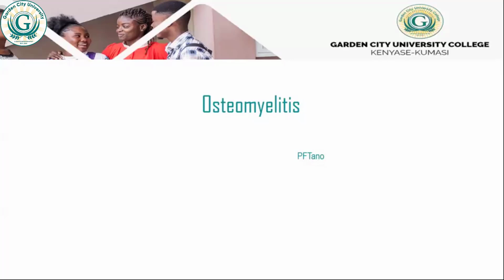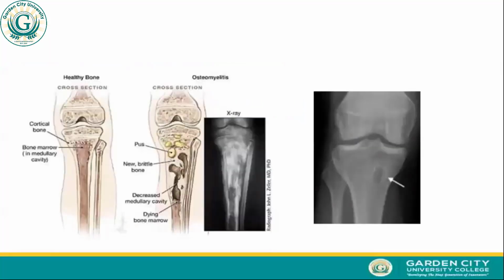I'm sure you met it in surgery one, itis, inflammation, right? So osteo is derived from the bone. So osteomyelitis is inflammation, or generally infection, of the bone marrow. Yes, and then you can also have the surrounding tissues affected as well.